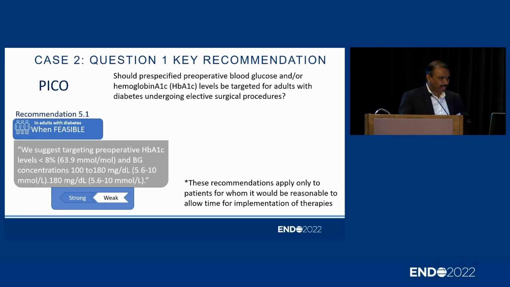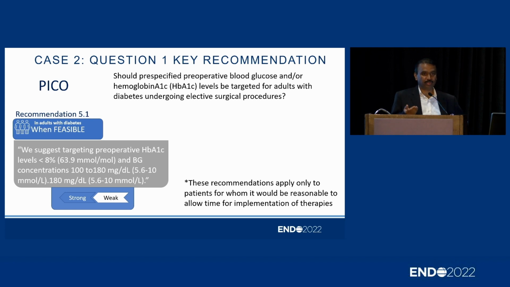Okay. So here is the recommendation. Thank you for all recommending this, right? So the key point is when feasible. That's the key point. And as Dr. McDonald was mentioning in terms of the GRADE process, when we looked at the data, we all know preoperative glucose, whether it's immediate or past month or just on the day of surgery, or postoperative glucose concentrations have a graded relationship with postoperative complications, right?